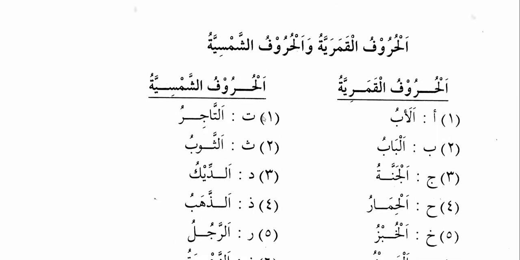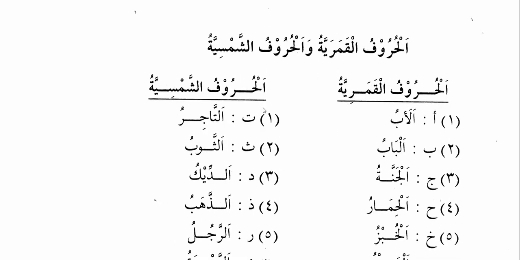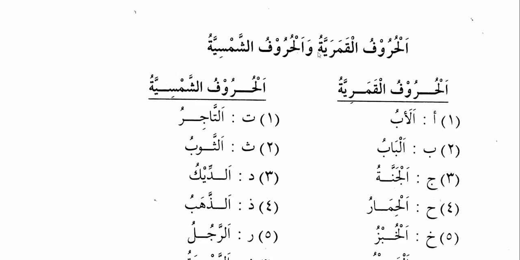So let's learn about why the shaddas were coming, why the lam was not pronounced. Here is the reason why: al-huruf al-Qamariyah and al-huruf al-shamsiya. What are huruf Qamariyah and shamsiya?